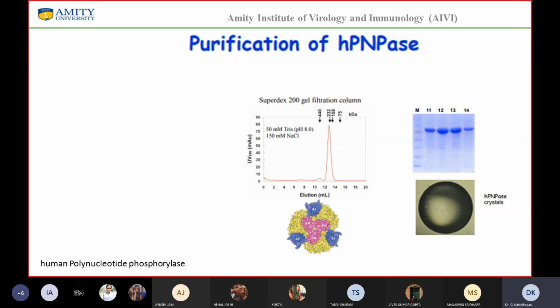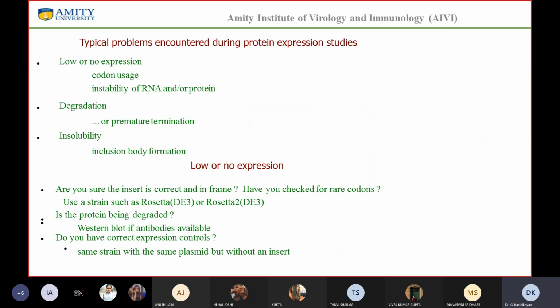So E. coli is a fairly nice organism. But you still have lots of problems that could be encountered during the process of protein expression studies. You can have either low or no expression at all, and a typical reason for that is codon usage.